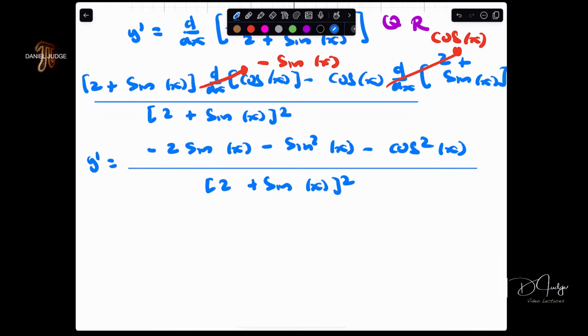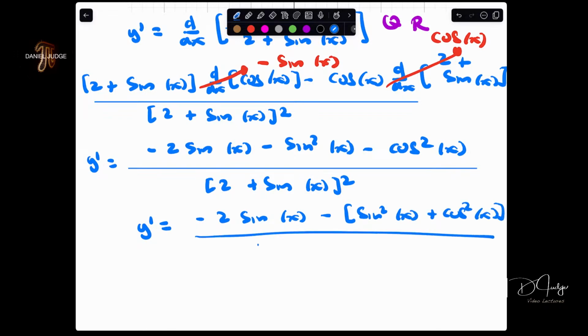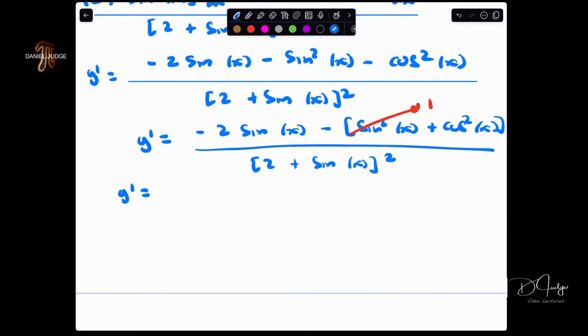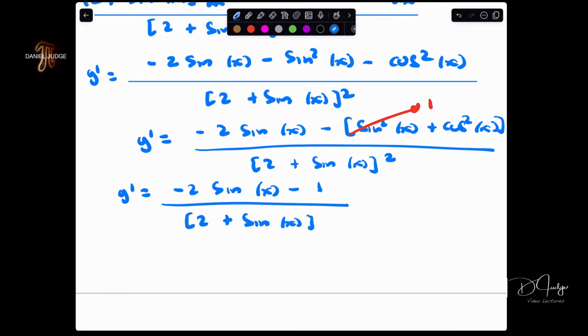So the algebra is going to be over here. Few things to say. Minus 2 sine x. This would be minus sine squared plus cosine squared, and that's my numerator over 2 plus sine x squared. Now, this is 1. And so, ladies and gentlemen, that first derivative is negative 2 sine x minus 1 over my 2 plus sine x squared.